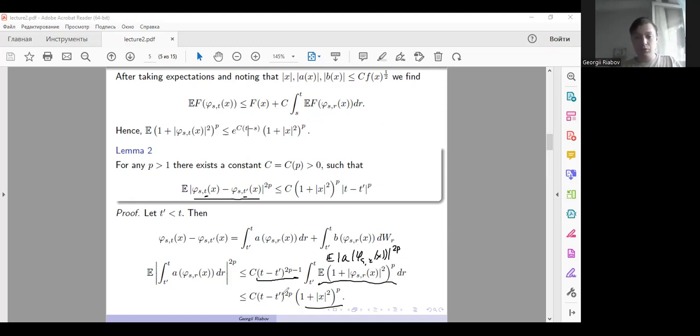So we get an estimate of the form (t minus t prime) to the power 2p times (1 plus x squared) to the power p. This is actually even better than we wrote here.